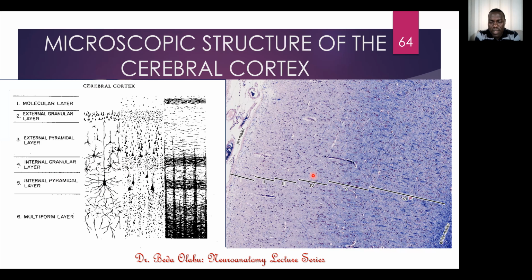What does that mean? It means that the fibers which come from outside the cerebral cortex terminate in layer 4. Almost all the fibers which come from regions outside the cerebral cortex terminate in layer 4.